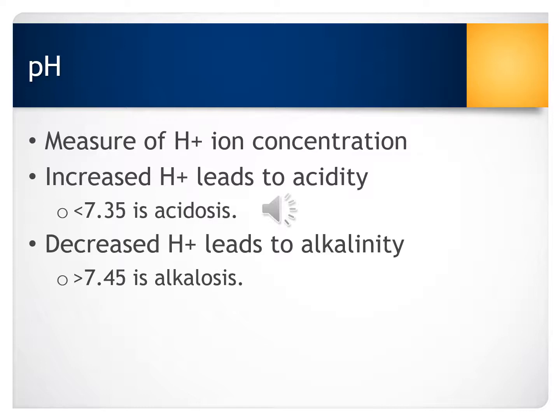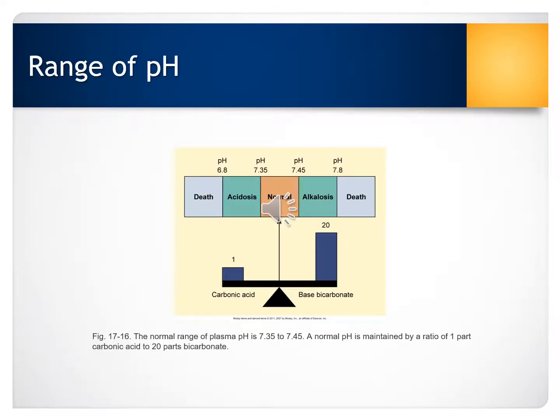If you have a decreased hydrogen ion content, it will lead to alkalinity, which means your pH will be greater than 7.45, and this is referred to as alkalosis. You can see that there is a very small range for normal pH, 7.35 to 7.45. Out of those ranges, the patient can be acidotic or alkalotic, and if uncorrected, it can eventually result in death.